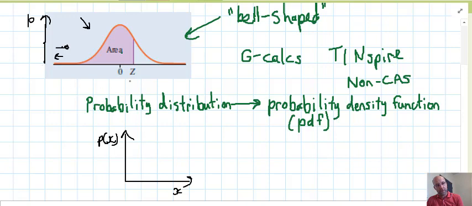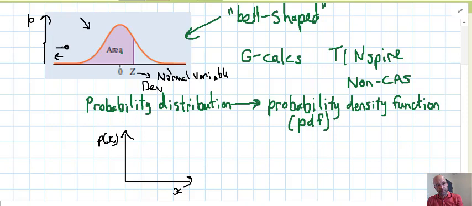Along here, we don't have x. Okay, we have what's called the normal variable. This one's called the standard normal variable. So we have a normal variable along there. Basically, it talks about the deviation, whether it's normal variable or standard normal.